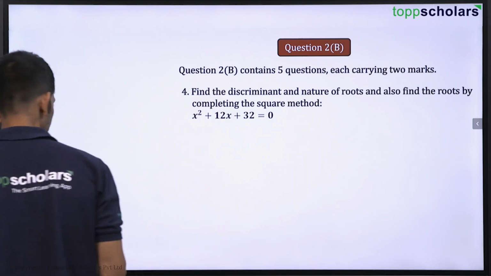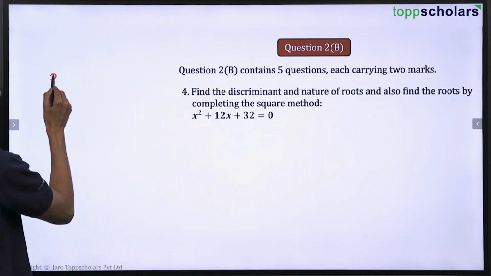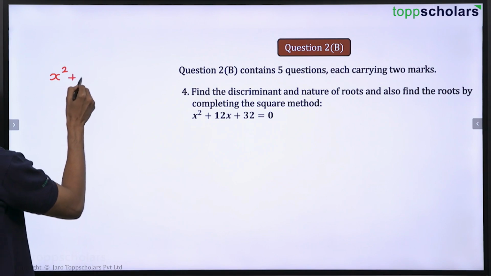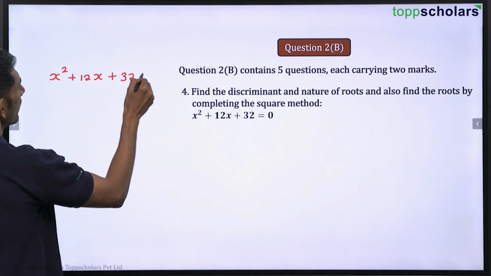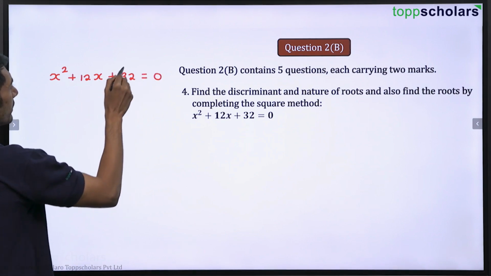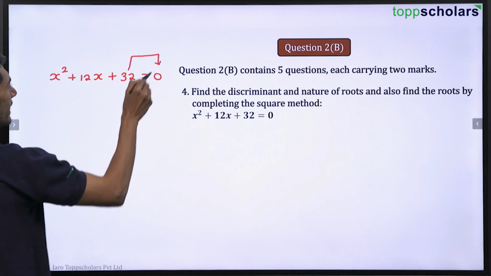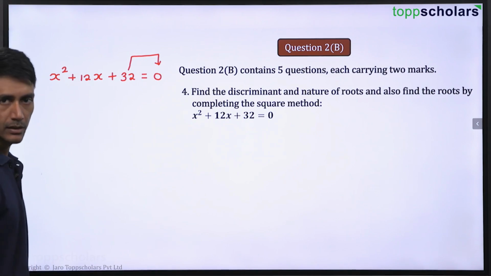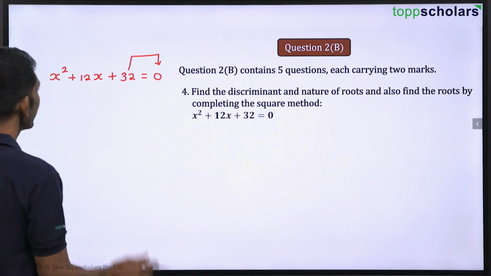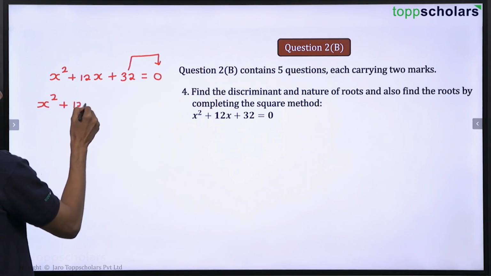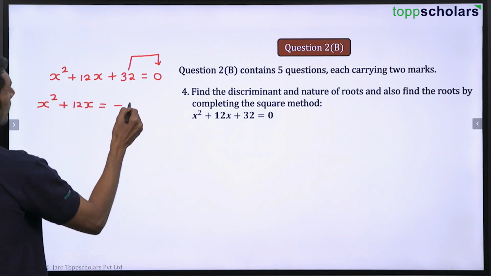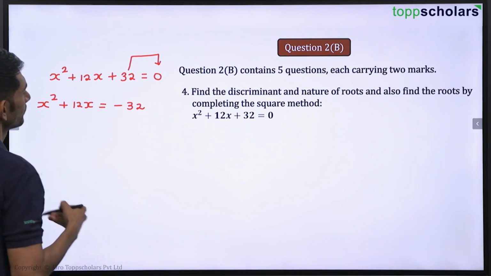The easiest way is first step, shift the last term to the right hand side. So you get x square plus 12x is equal to minus 32.